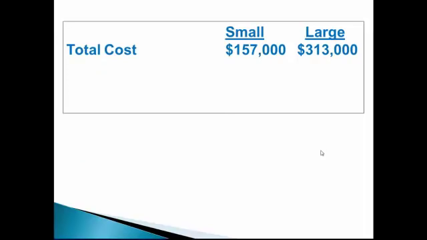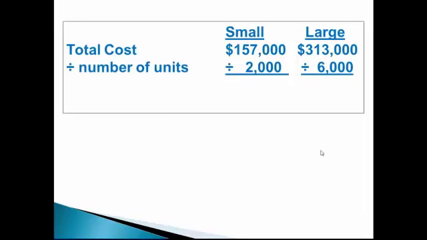We have found that the small shops, the cost is $157,000, whereas the large retailer's is $313,000. In the first paragraph of information, we were told small beach shops normally order 2,000 units each year, while the large retailer orders 6,000 units each year.